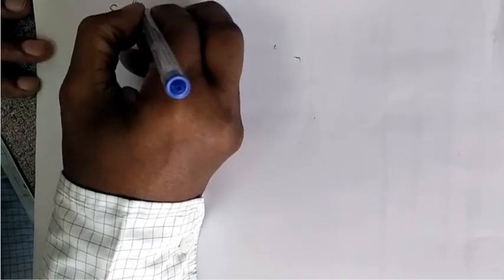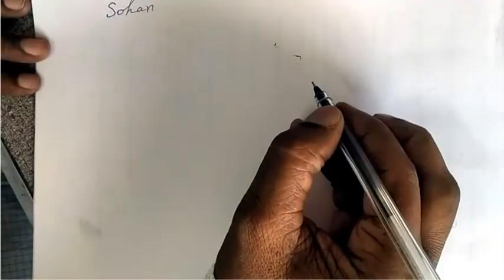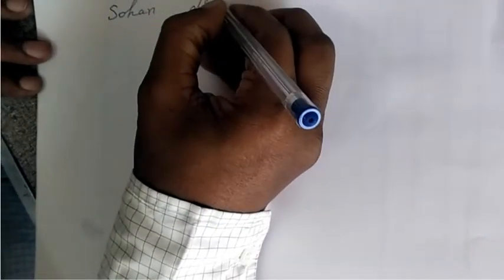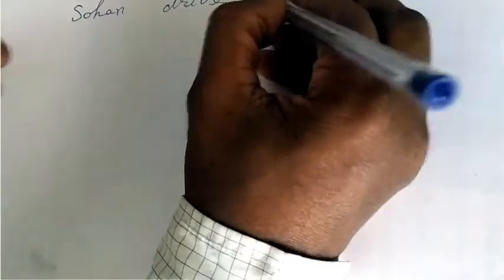Let me write 3 words. Sohan, drive, a car. Obviously, the 3 words are there.